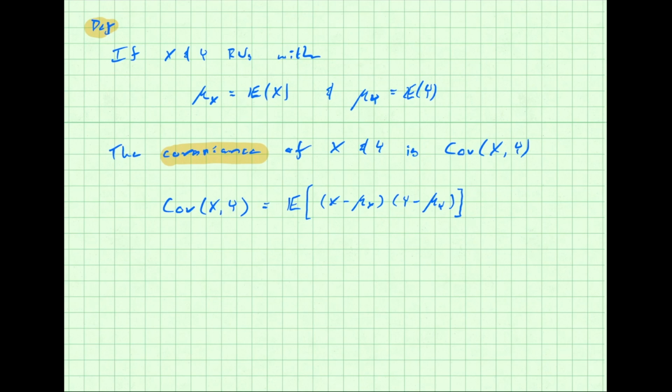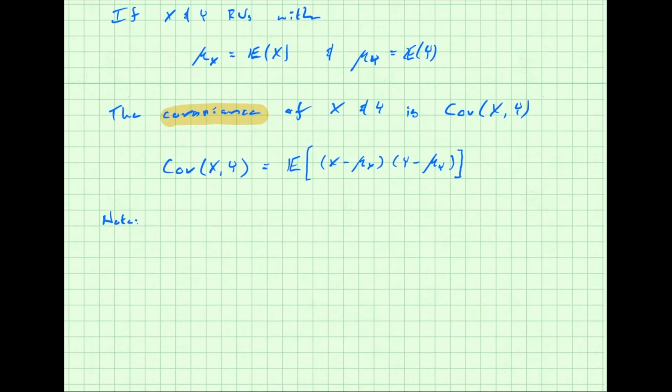This should give you an understanding of where the name comes from, because if you notice the covariance of x and x, the same two random variables, what does that look like? It's the expected value of x minus its expected value, squared.